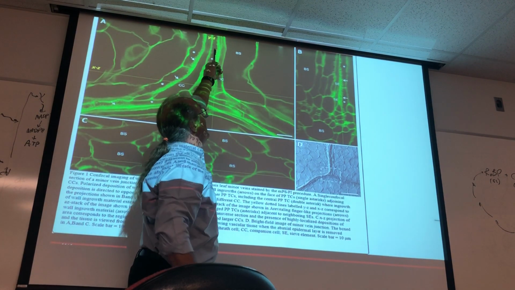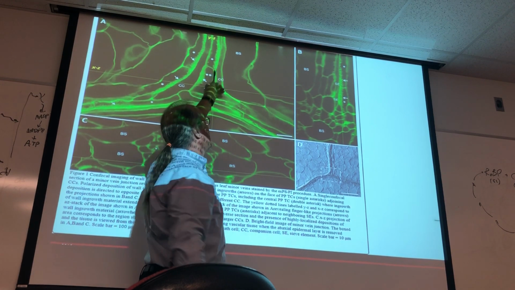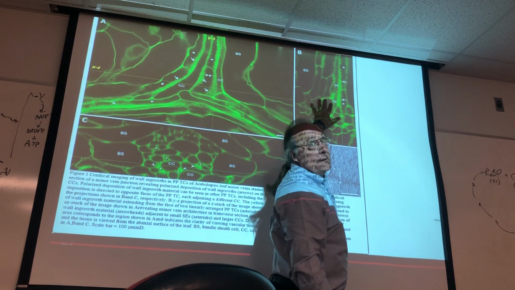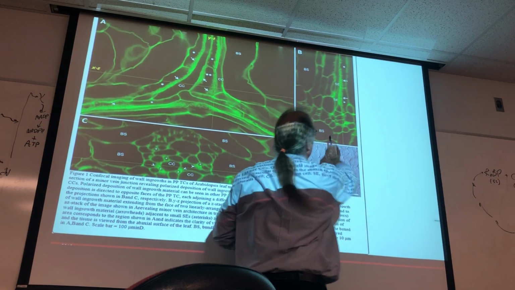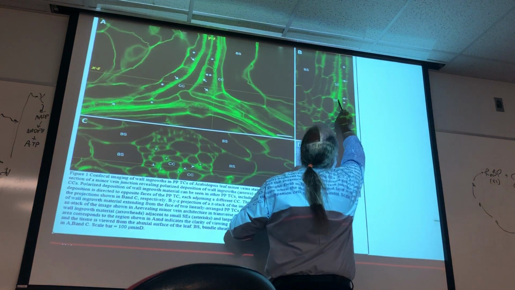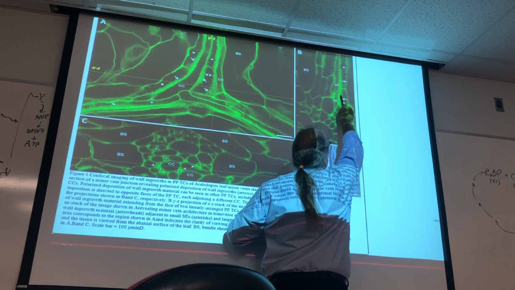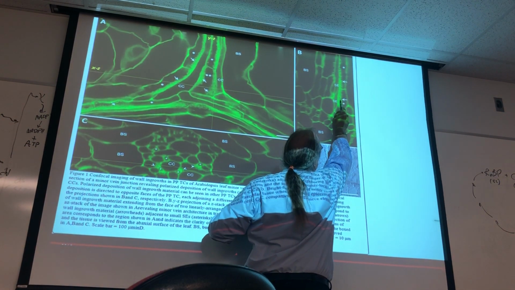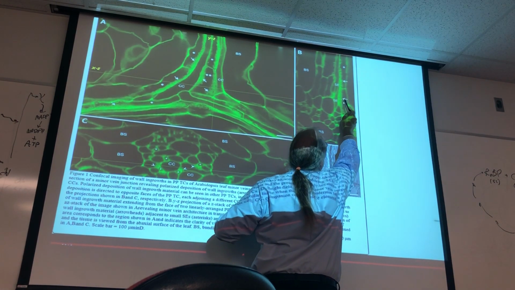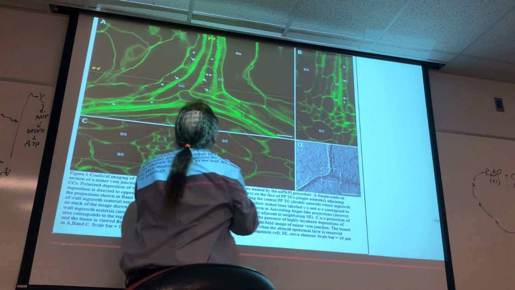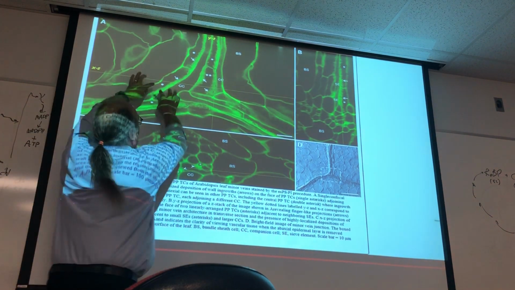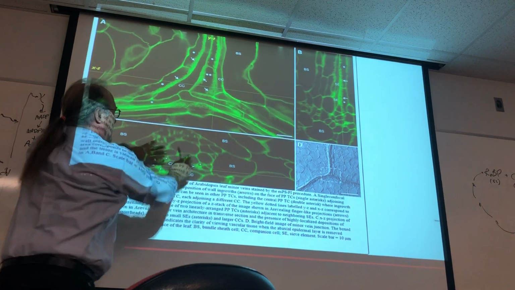If you take this YZ axis and look at it this way, that's what you see here. Here's a bundle sheath cell. Here's a sieve element with a transfer cell next to it, another transfer cell, and you can see these ingrowths of the cell wall that show up here, and here. If you look along this axis, you see this.